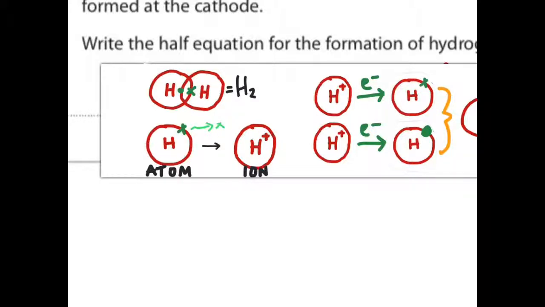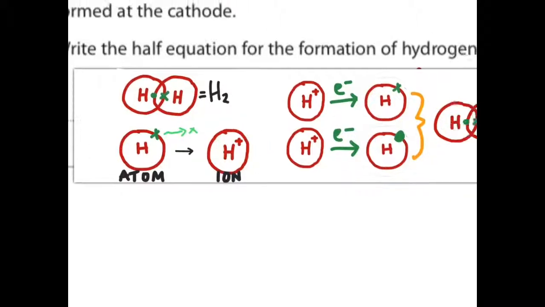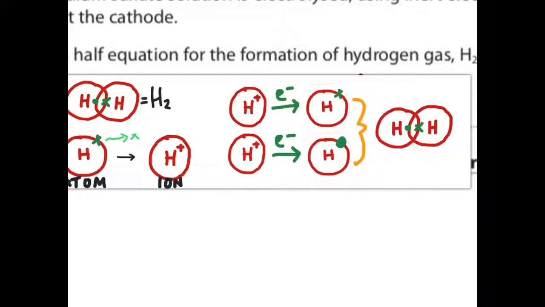So it's become positively charged because there's more protons than electrons. So if you want to get an atom of hydrogen, you need to gain back that electron. So what's happening is you have 2 hydrogen ions, gaining individually an electron each, 2 in total, to become 2 hydrogen atoms, and then those atoms are covalently bonding to form H2.